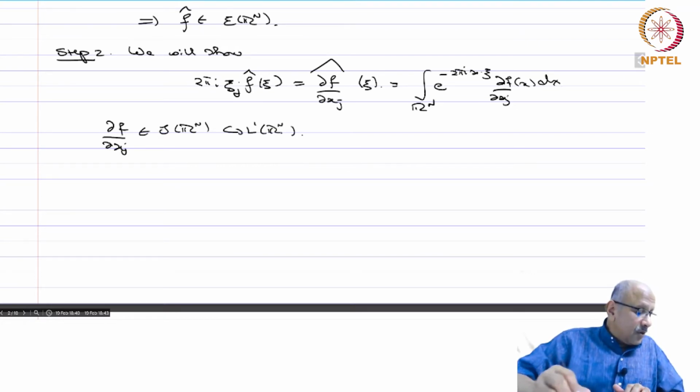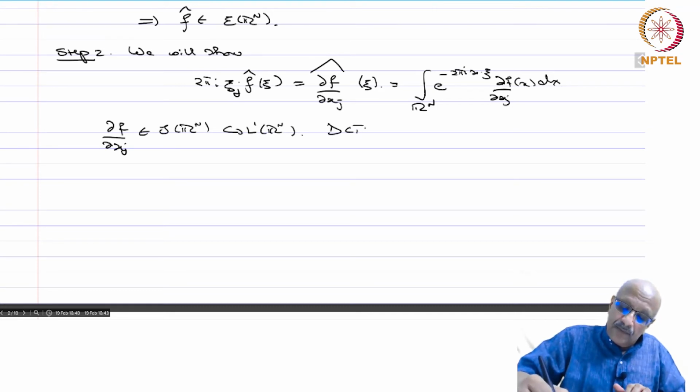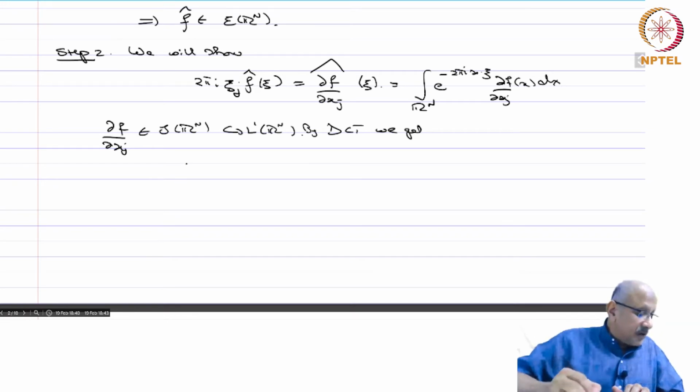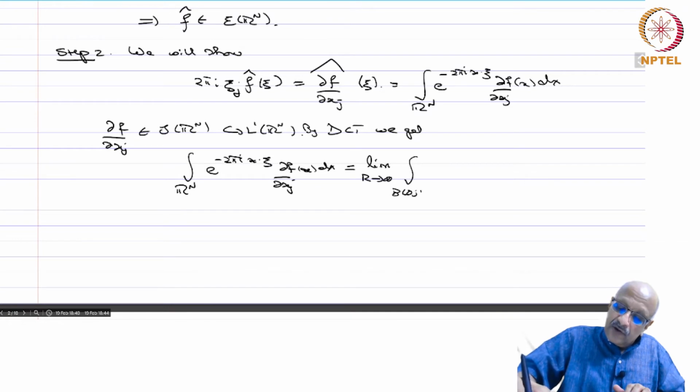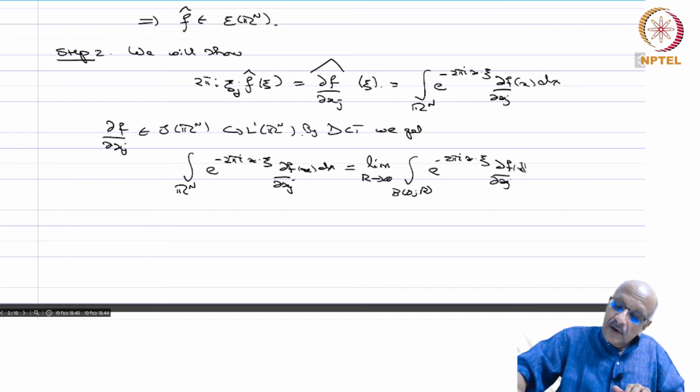Okay, and so by the dominated convergence theorem, we get that the integral over Rn of e^(-2 pi i x·psi) df/dxj at x dx is nothing but the limit as r tends to infinity of the integral over the ball centered at origin with radius r of e^(-2 pi i x·psi) df/dxj (x) dx.